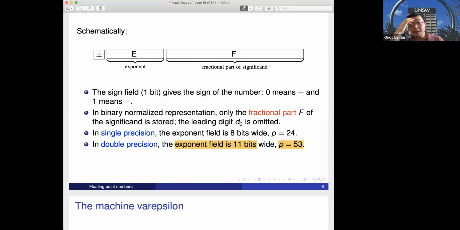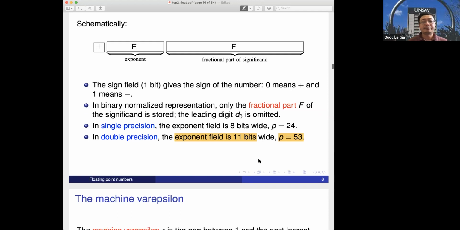In 11 bits, you have to distribute evenly between the negative and positive powers. If you go from minus 1 to 1023, then you cannot store some number like 2 to the minus 100, for example. So you have to store some very small numbers and some very big numbers.